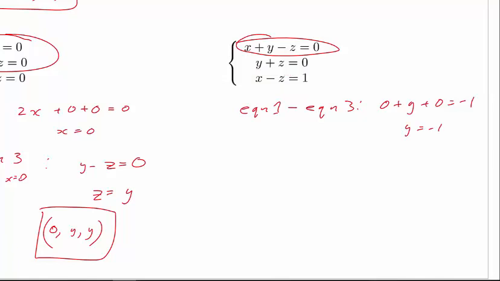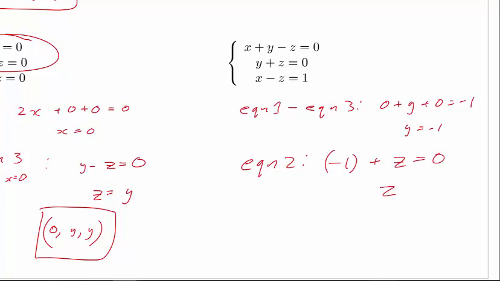So y equals negative 1 is what we just found. That's pretty good. So we're going to plug that into equation 2 and solve for z. Now we've got a value for y and a value for z.